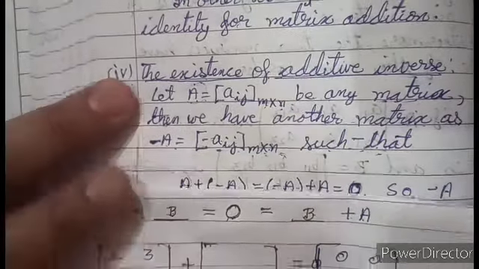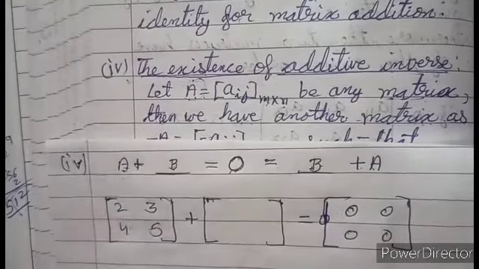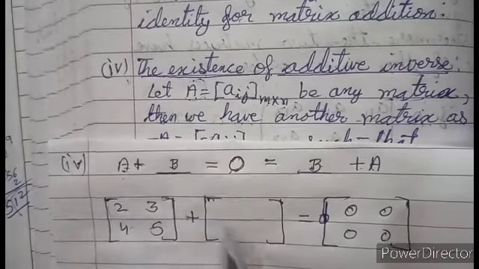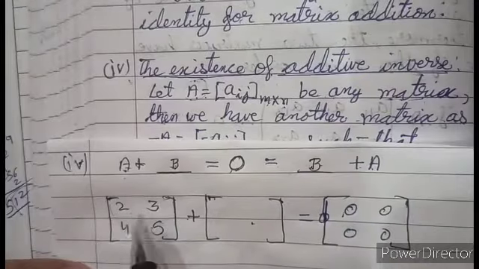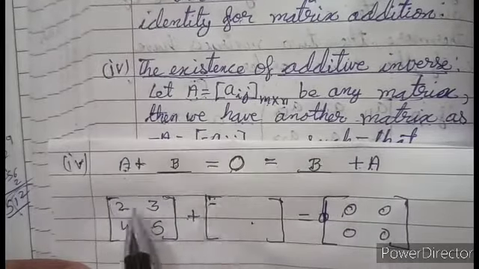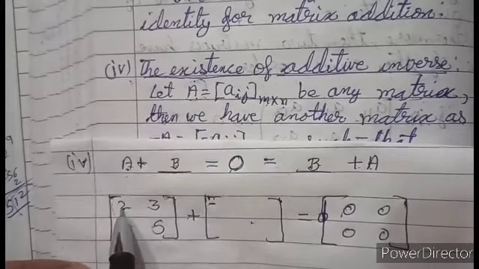Now suppose matrix A is 2, 3, 4, 5. What should be added to this matrix A in order to get the 0 matrix? We add corresponding elements of the matrices.